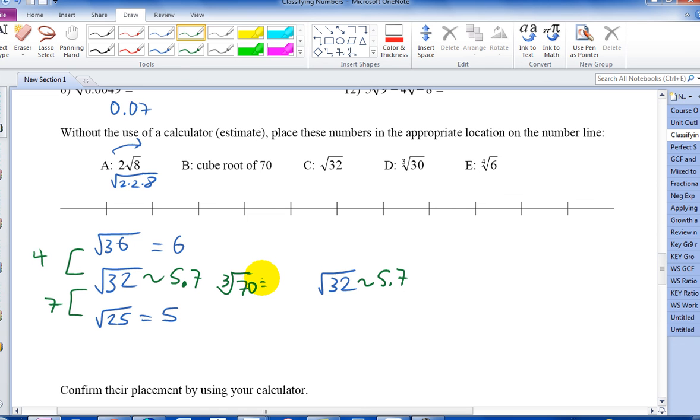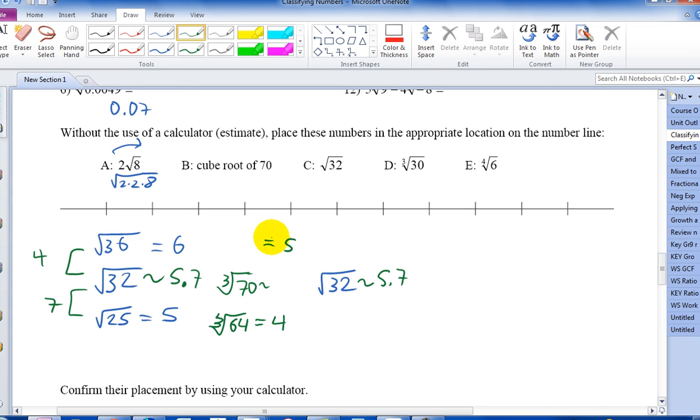Okay, so cube root of 70. What's a cube root that's below it that we know? We talked about it a little bit. Cube root of 27? Oh no, cube root of 64, I believe. That equals what? 4. So what number is above 4? 5.